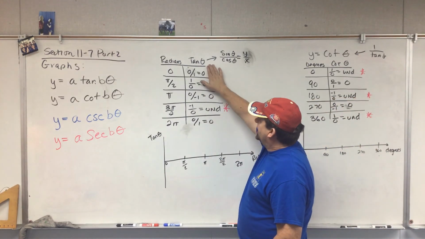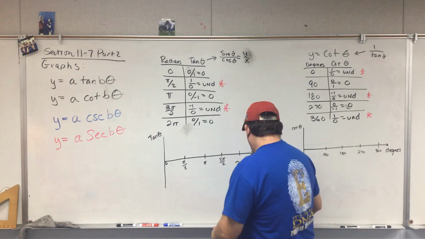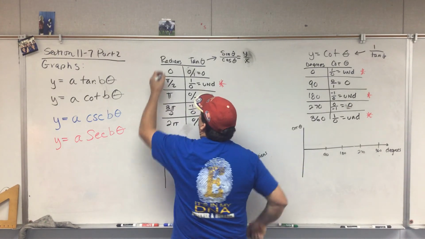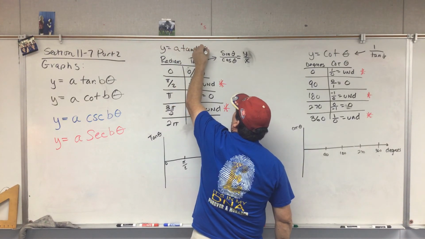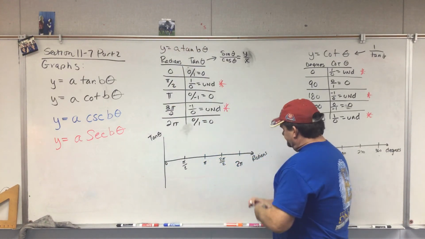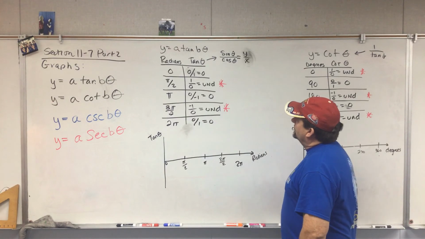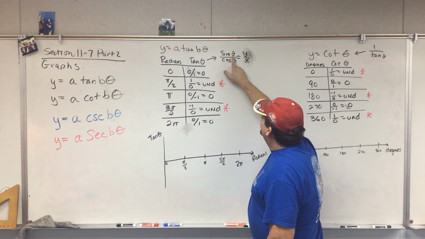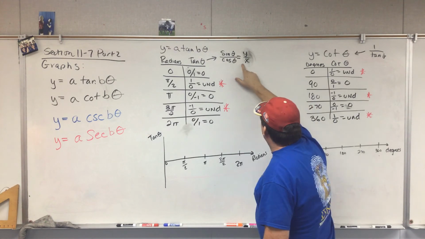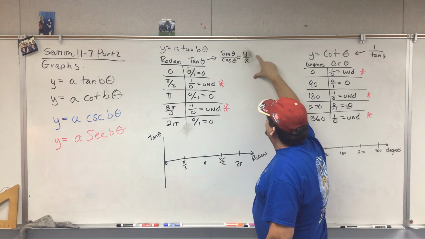So if we're working with the tangent of theta, this is actually y equals a tangent b of theta. We just got to remember on the unit circle that tangent of theta is sine of theta over cosine of theta, or it's the y value over the x value.